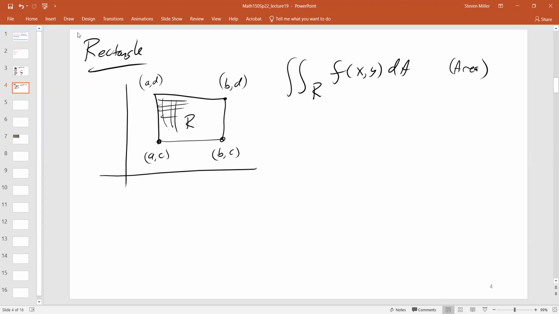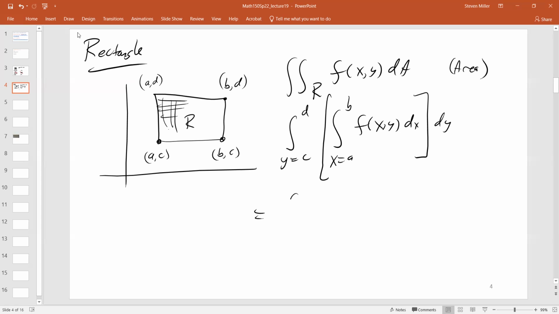And the big result in multivariable calculus is that, look, if we have something like this, this is really the same as the integral y goes from C to D, integral x goes from A to B, f of x comma y dx dy.